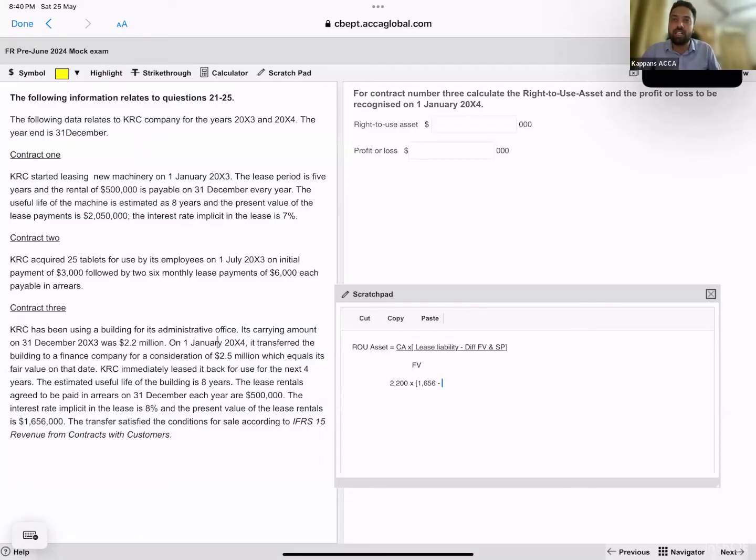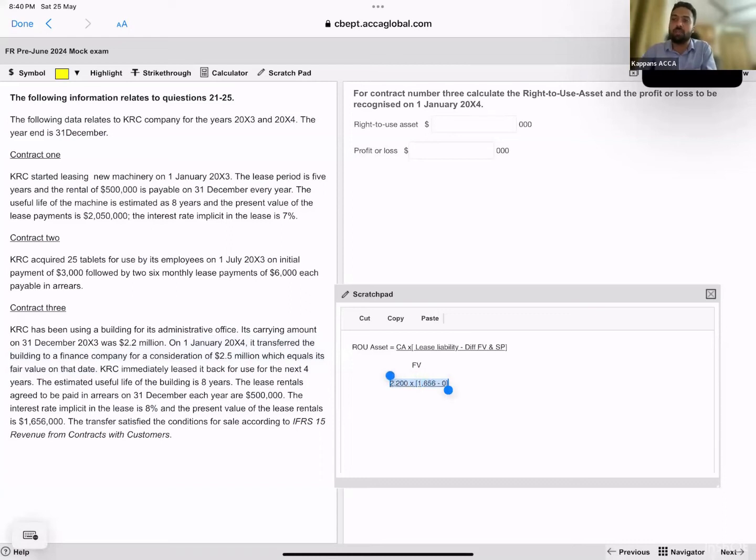In the question, they have stated that on January X4, it was transferred, a building, to a finance company for a consideration of 2.5 million, which equals its fair value on that date. So the selling price and fair value is same. So there is no difference between fair value and selling price.